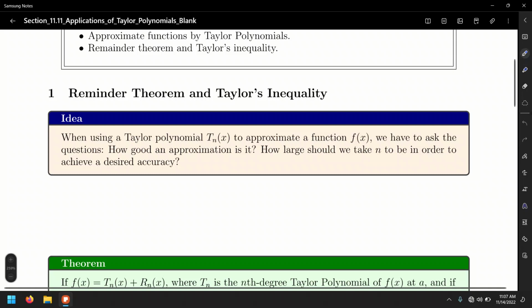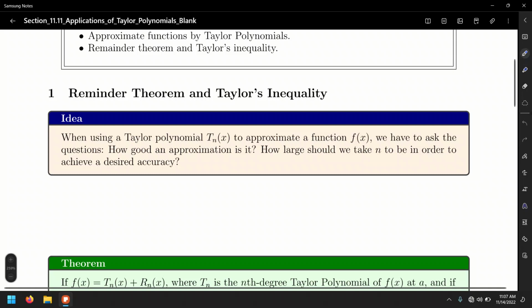And of course, there will always be some difference between the actual value and the approximated value. However, in this section, we're going to use Taylor's inequality to find the maximum error of using a given expansion, say the quadratic or the cubic. The more terms we add, recall, the more the error diminishes.